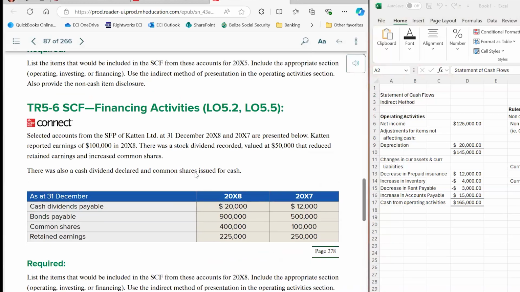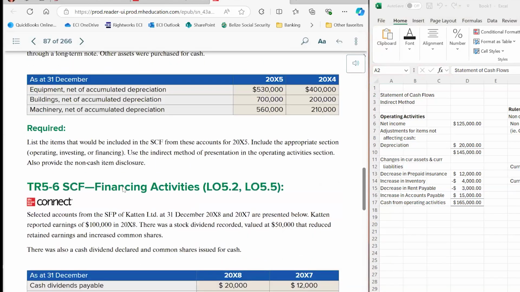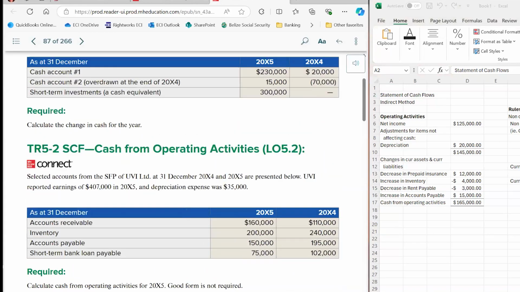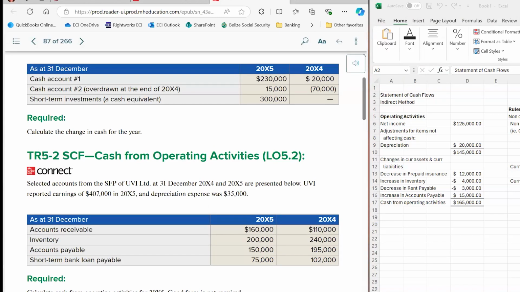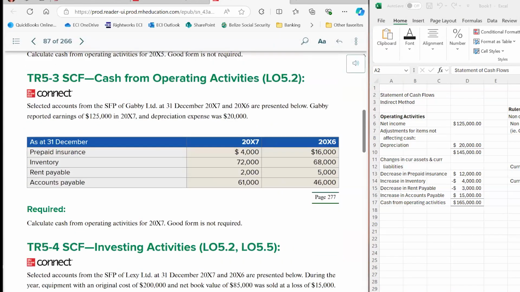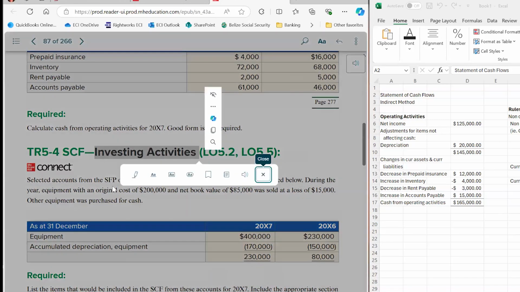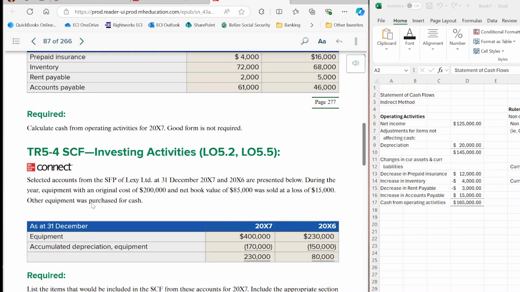So when you're doing your cash flow statement overall, your current assets and current liabilities go through operating activities, as I already mentioned. When you're looking at your long-term assets, those are going into the investing activities section. You can kind of see that right when you look at the question, but all of your property, plant, and equipment, and any investments would go into the investing activities section.